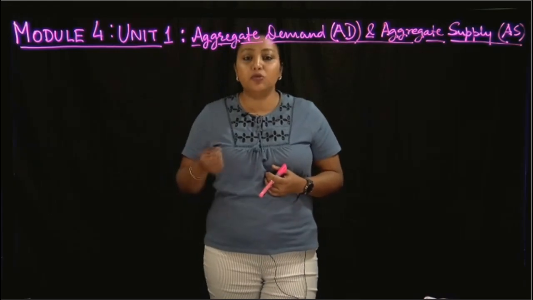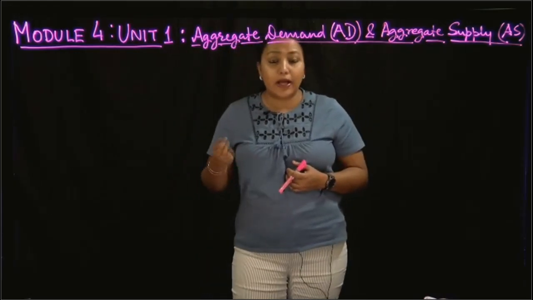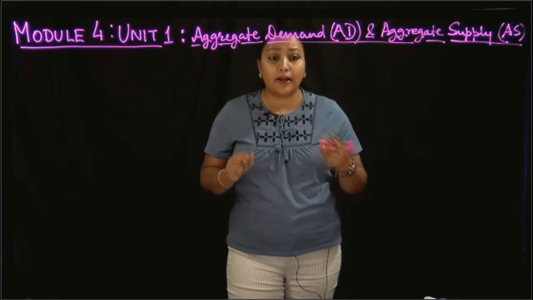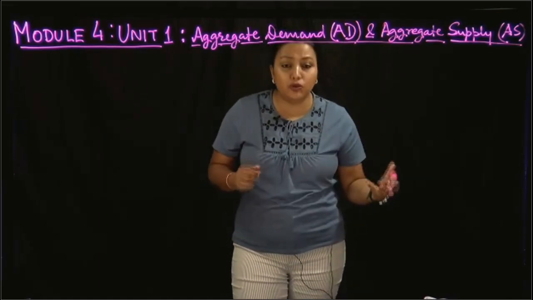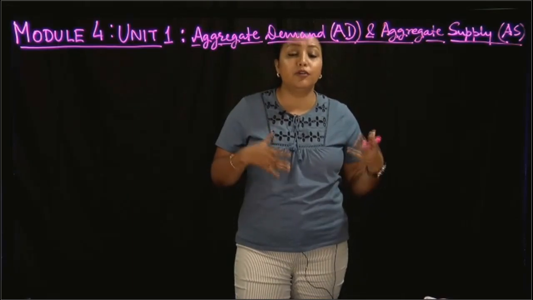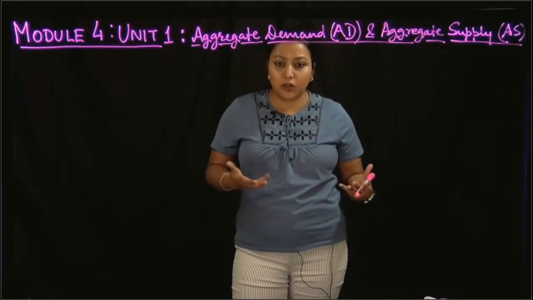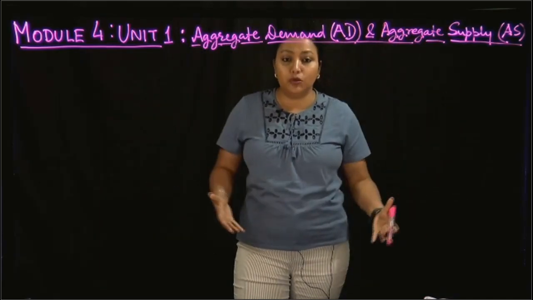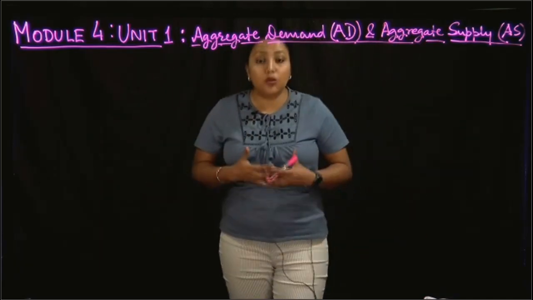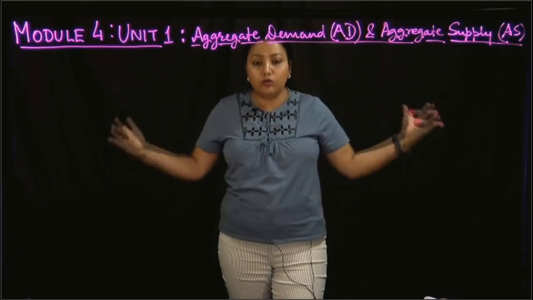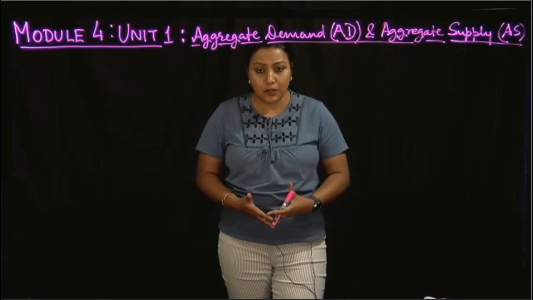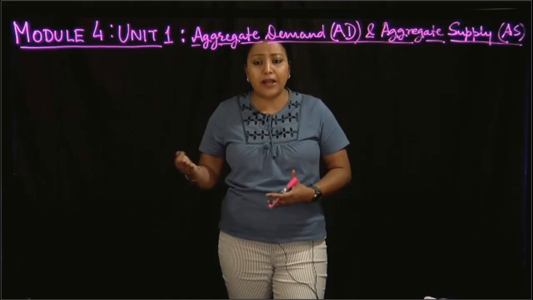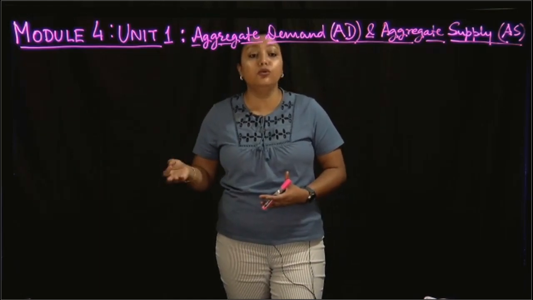So you can understand that in the macroeconomic demand and supply model, I cannot identify the quantity of which good or which service I am looking at, because there is no good or service to pick out; it's the entire volume. So I am looking at the quantity of all goods and services produced in the economy, and similarly I cannot identify the price of which good or service to look at.